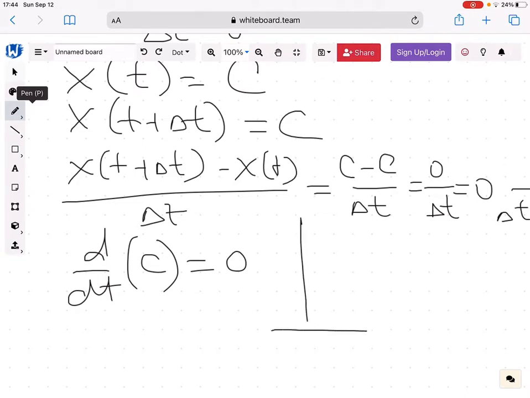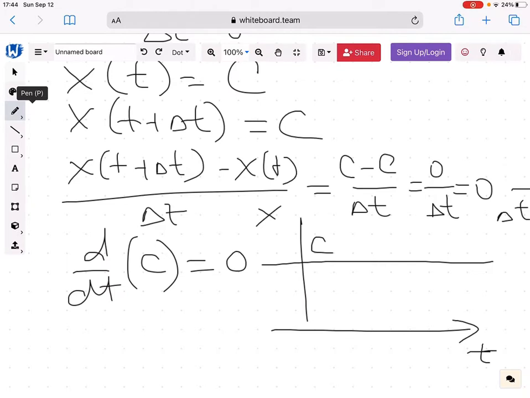If we look at t versus x, this is our c, this is our function. It's a straight line with a slope of 0, and we discussed that before. We said that the derivative is actually the slope of this line. Well, the slope has to be 0. The other way to look at this is to say a derivative is a rate of change of this function.